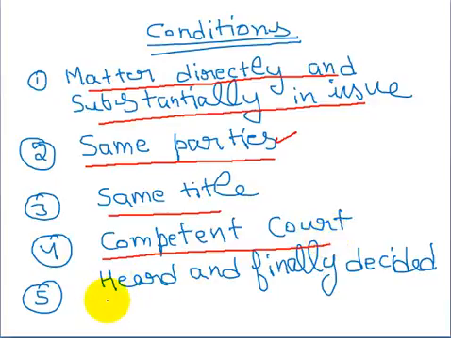Fifth condition, heard and finally decided. The matter directly and substantially in issue in the subsequent suit must have been heard and finally decided by the court in the former suit.